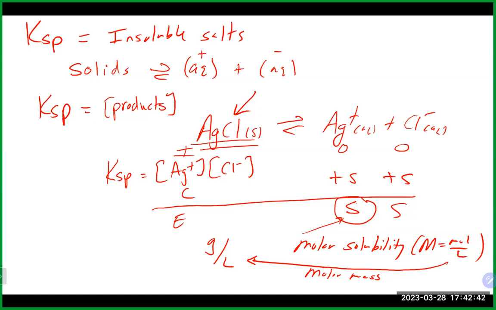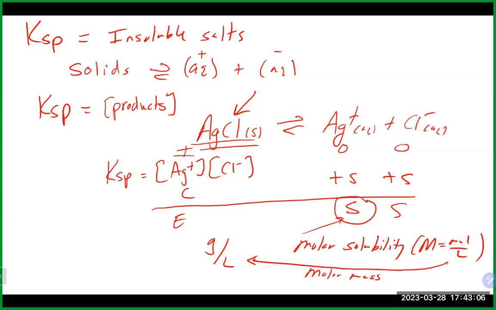So again, it works really the same way. In a problem where we're looking for the solubility, either molar solubility or solubility in grams per liter, you definitely should do an ice table, and that's a good way of doing it. If you are really just looking for the value of the KSP, which is another way that we do it, a lot of times you will be given the solubility of a substance.